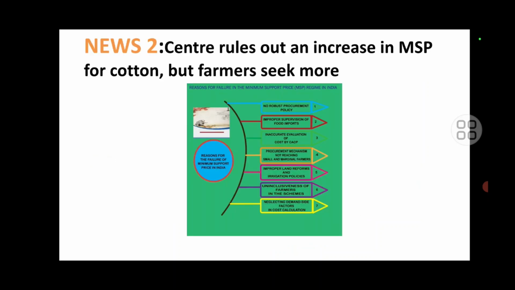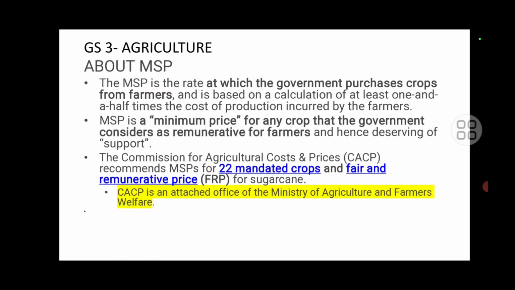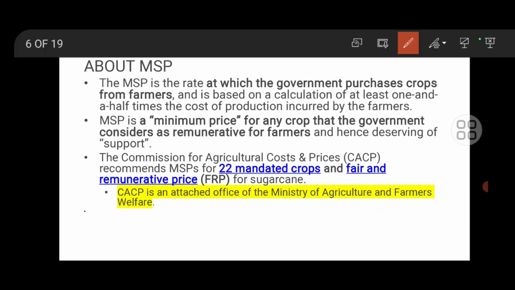The next issue is Centre rules out increase in MSP for cotton, but the farmers still seek more. All you need to know for prelims is about MSP. It comes under GS3 agriculture. You can write it as an example when a question is asked in mains about agriculture.